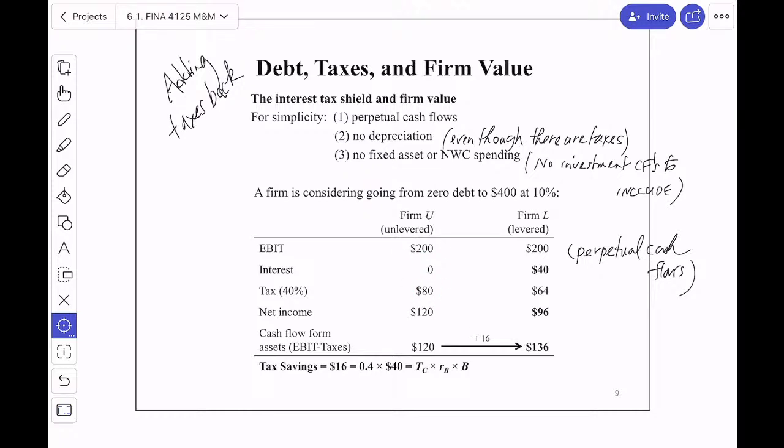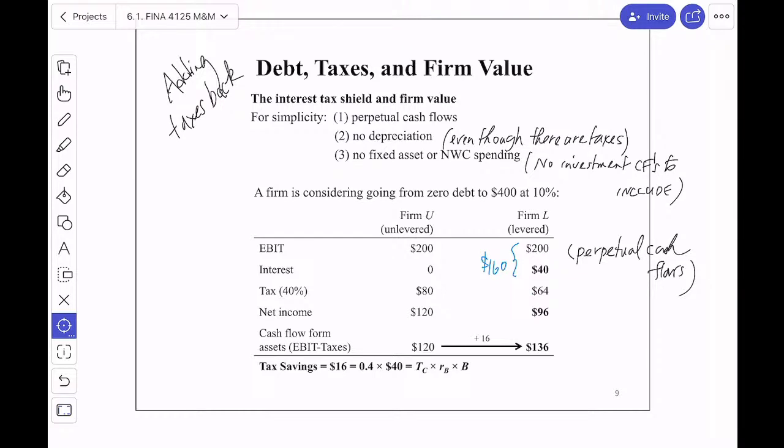But taxes of 40% would be not on 200, but on the 160. And that gives you 64.